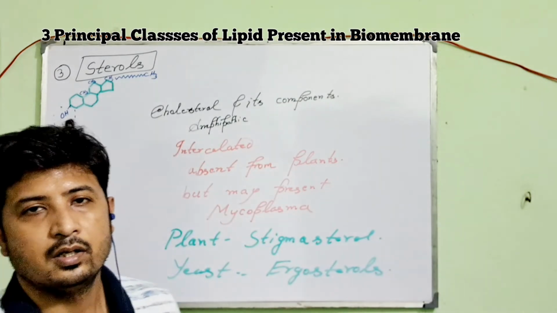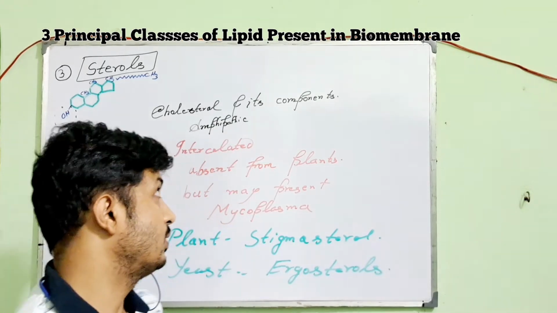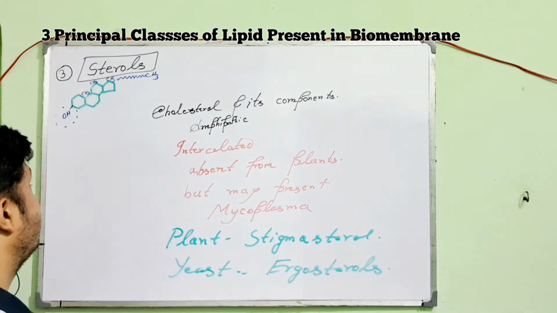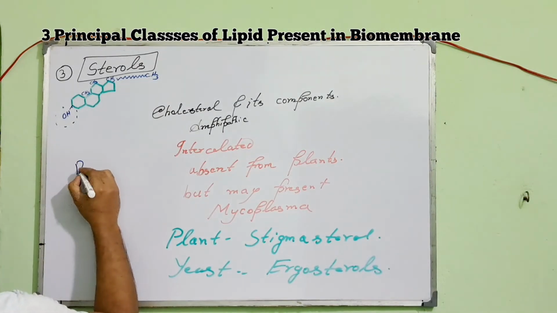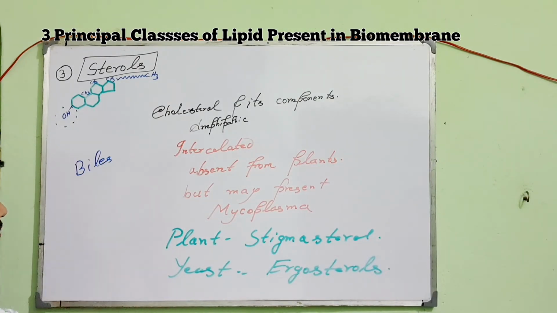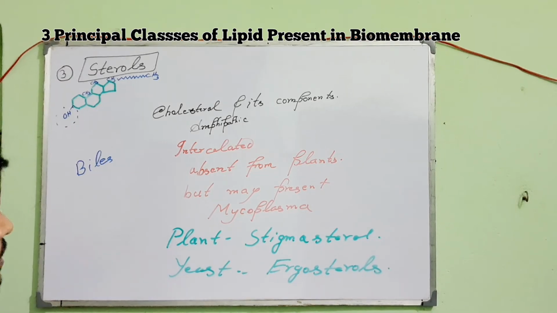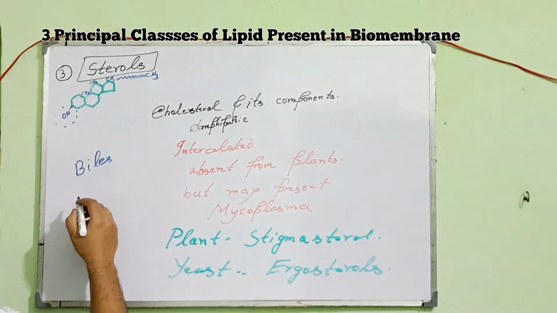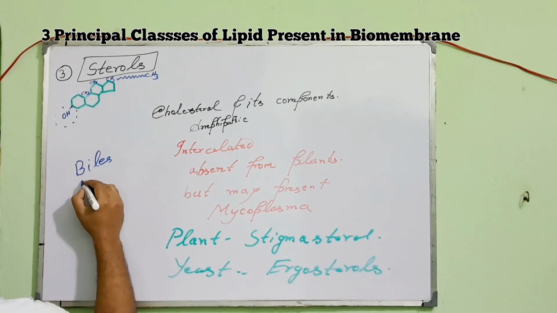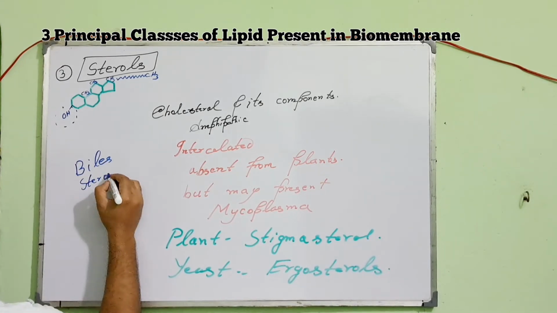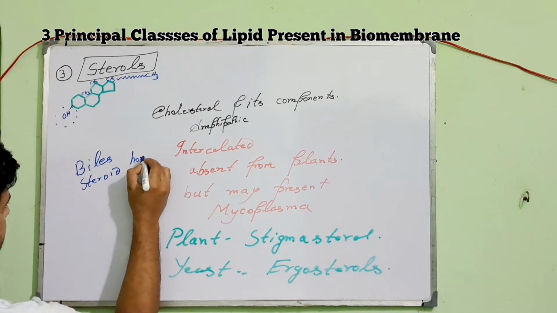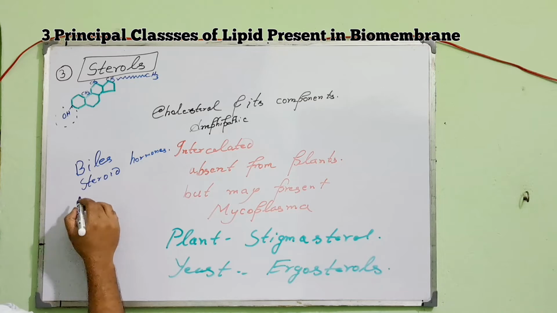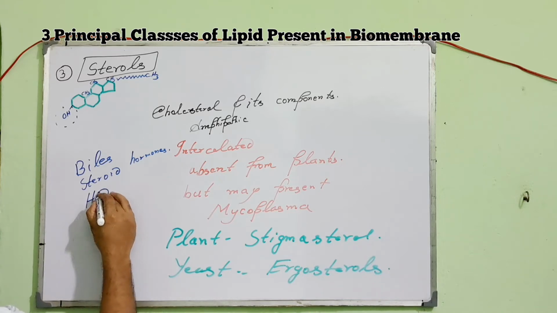Okay. Now, what are the derivatives of this sterol? What is the direct help in our body? You know that in the preparation of bile, sterols have a very important role. Apart from that, steroid hormones, and also a very important one, hedgehog signaling.